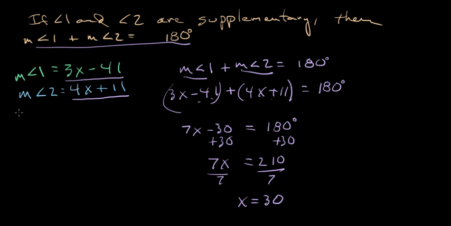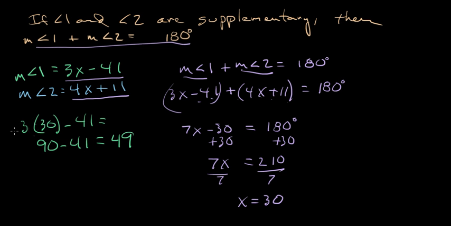So once I find out what x equals, I can plug it into both of these. 3 times 30, oh, you know what, that would be better in green, wouldn't it? Because that would be consistent with what I'm trying to do here, right? I think so. So 3 times 30 minus 41 equals, 3 times 30 is 90, minus 41 equals 49.